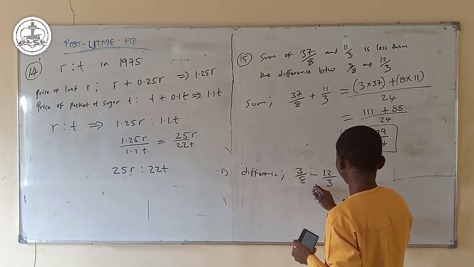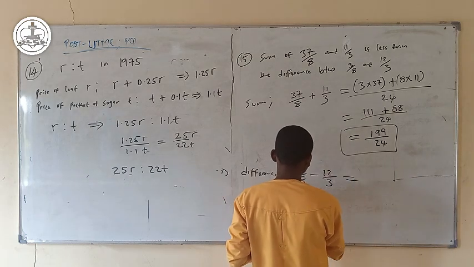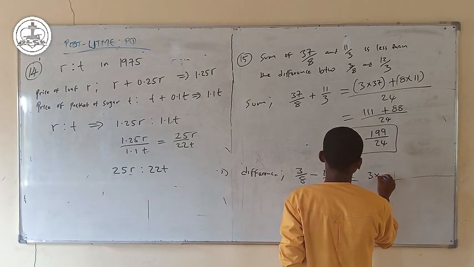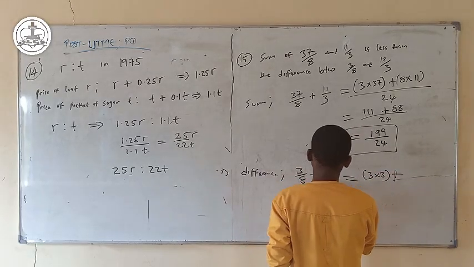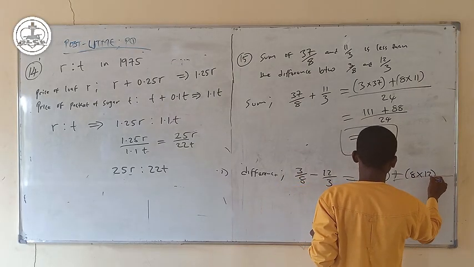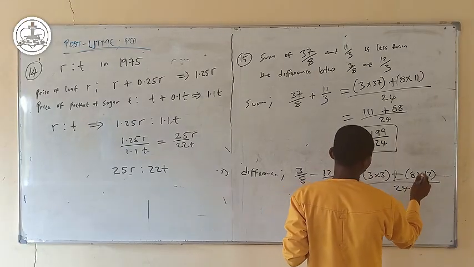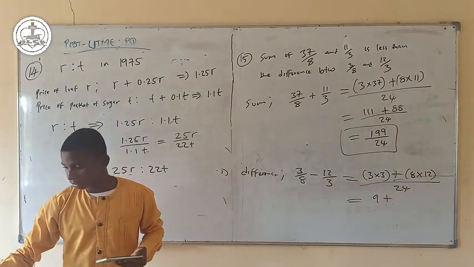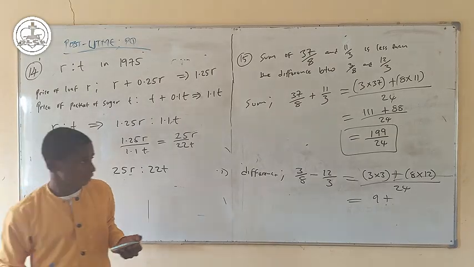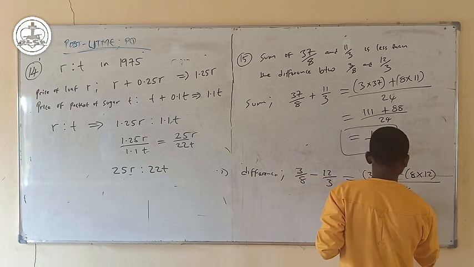Carrying out our LCM 24 and resolving through, we have 3 multiplied by 3 minus 8 times 12, all over 24. What do we have here? 9 minus 96, that's negative 87 over 24, which can be written as what?